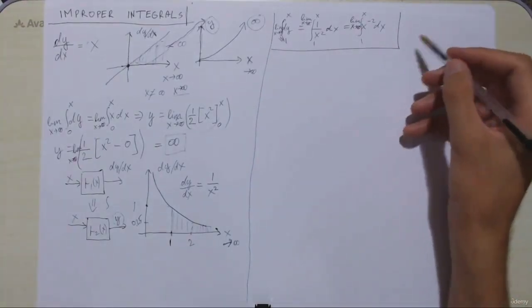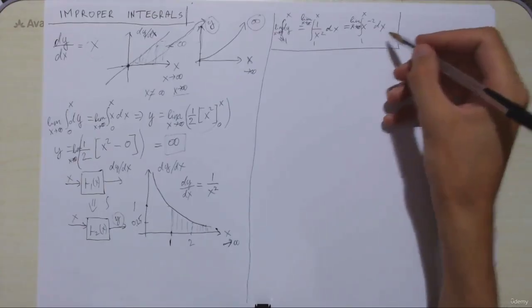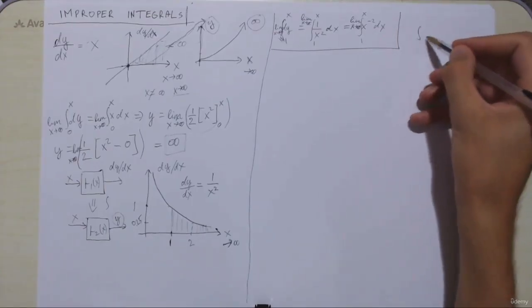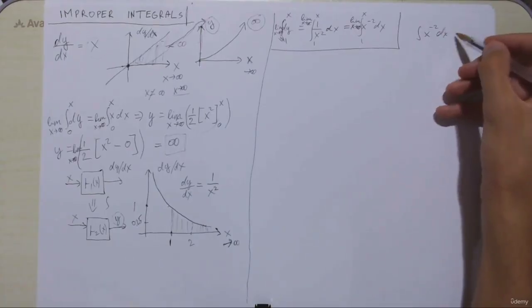So to calculate this integral, well, let's first of all take this integral like this. So x to the power of -2 times dx.